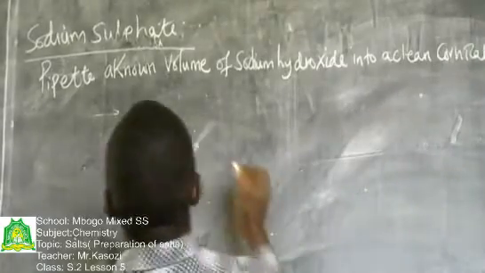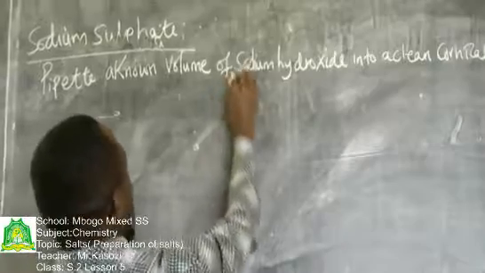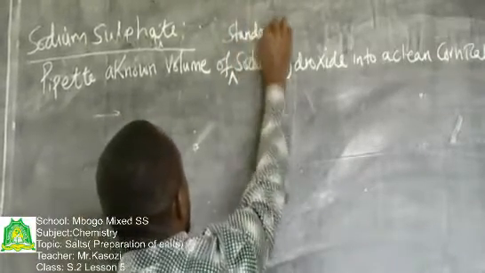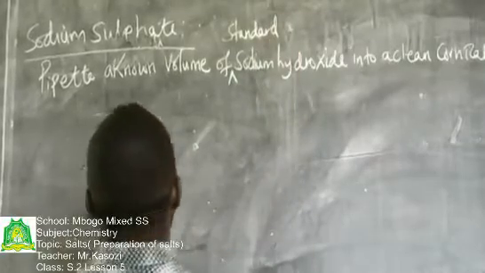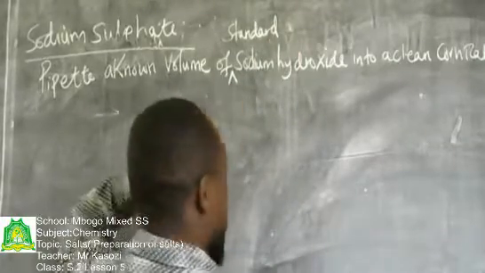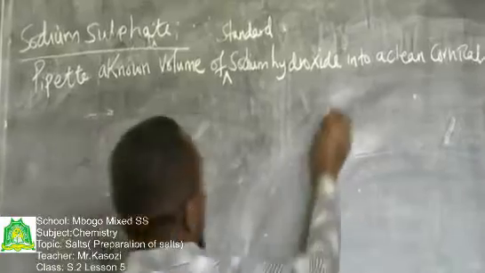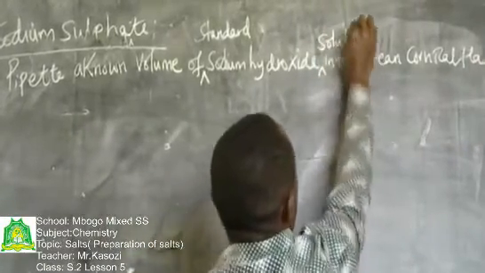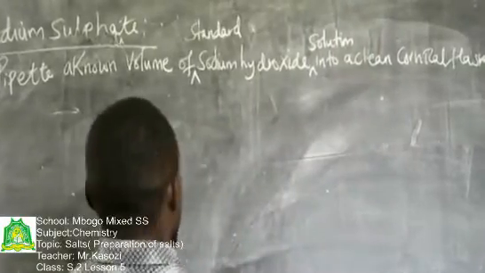This sodium hydroxide must be standard. Pipette a known volume of standard sodium hydroxide solution into a clean conical flask.